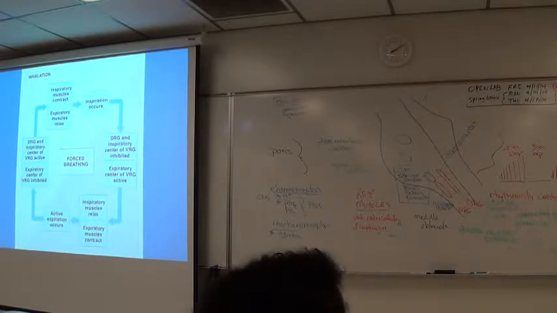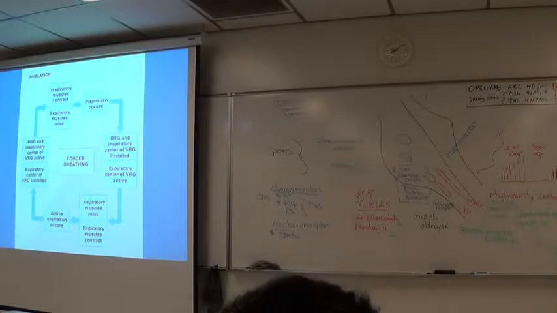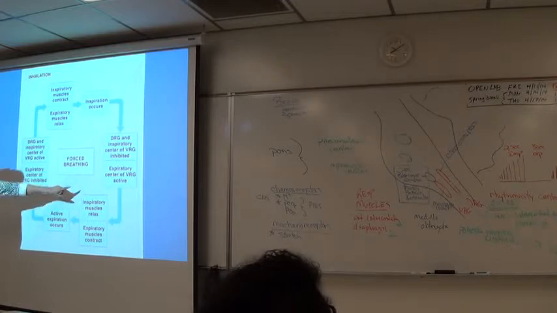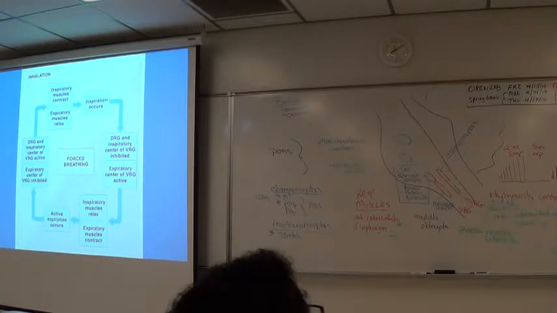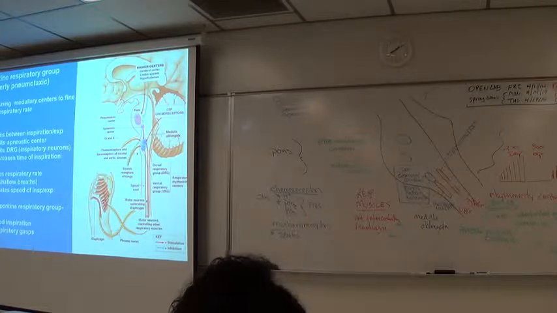So here's a diagram of the ventral respiratory cycling, okay? So if you do active expiration, then you involve the expiratory center of the ventral respiratory group. That's the more detailed portion of respiration.